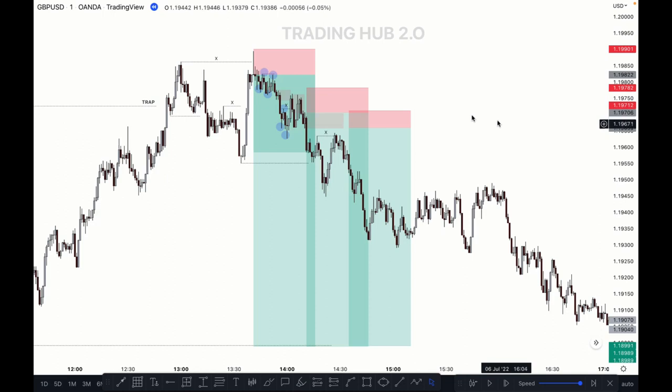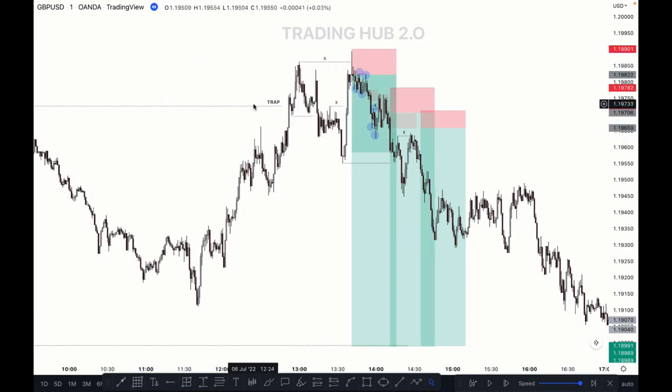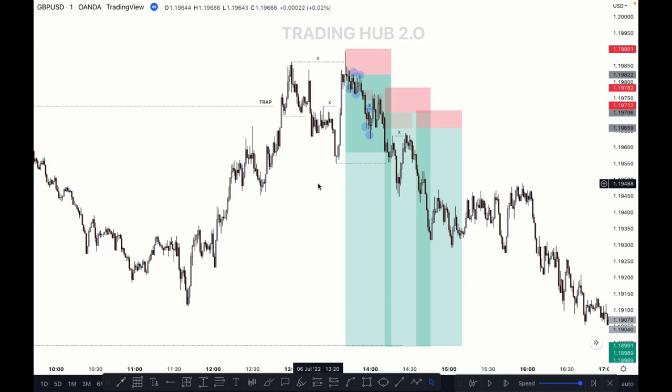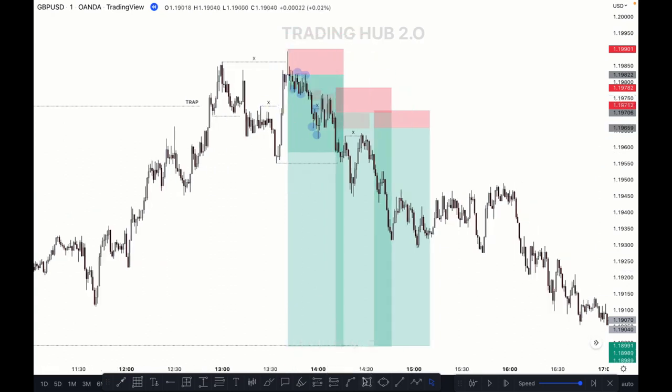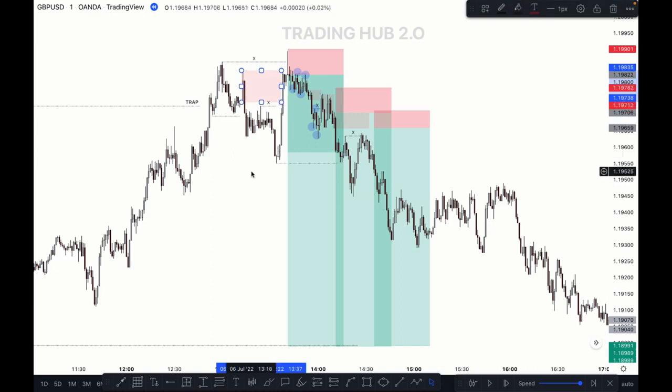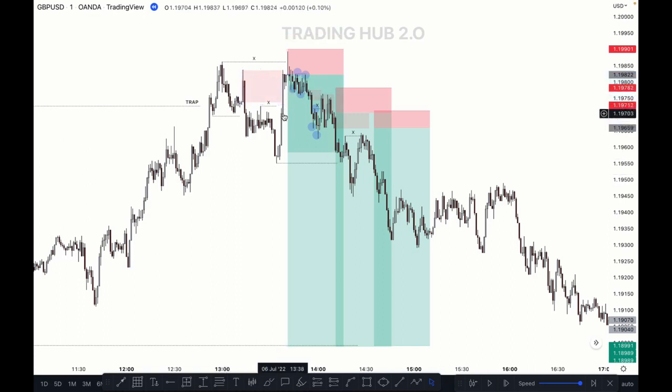Okay, so you can see here how the market actually works. First it traps the buyers and then waits for the lower time frame inducement, and then you can sell on the candlestick confirmation. If anything shows any bearish reaction here on this zone, okay, then you can sell here also.